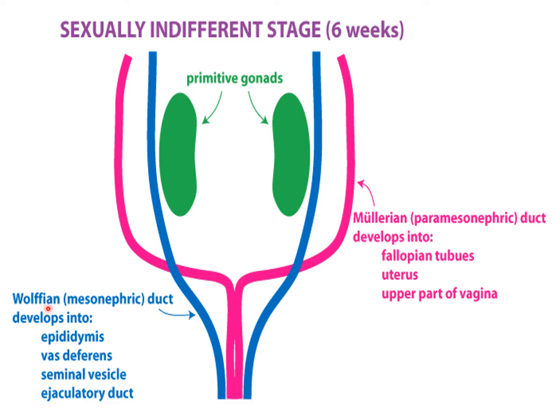If it differentiates into the Wolffian duct, the embryo will develop the epididymis, the vas deferens, the seminal vesicles, as well as the ejaculatory duct, meaning it will develop into a male. Or if differentiation is toward the Mullerian duct, then the embryo will develop the fallopian tubes, uterus, and also the upper part of the vagina.